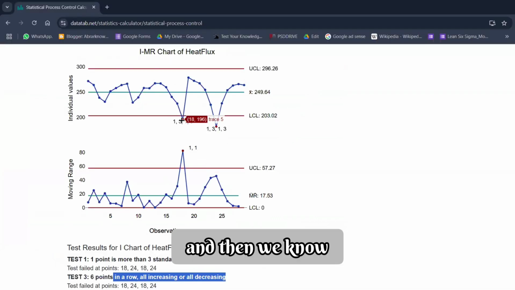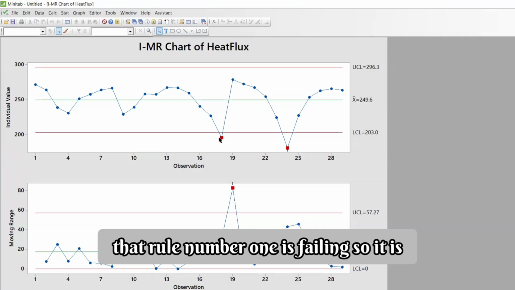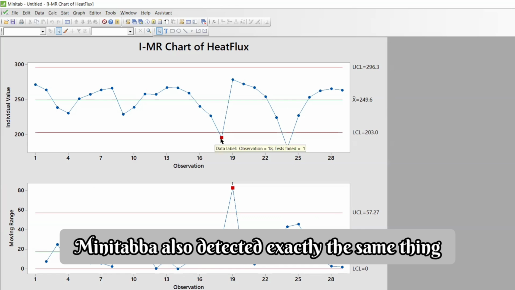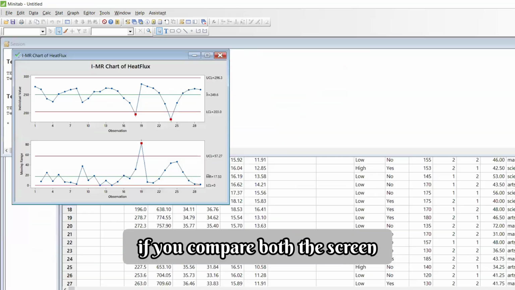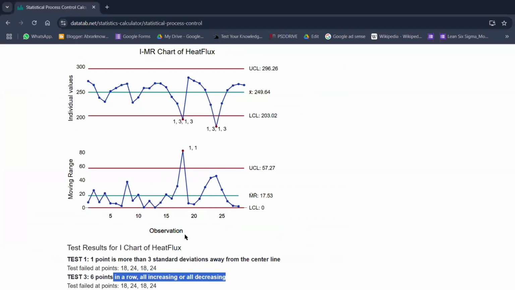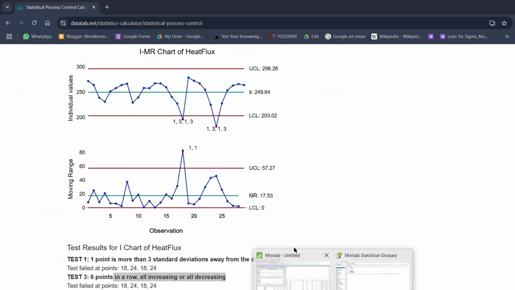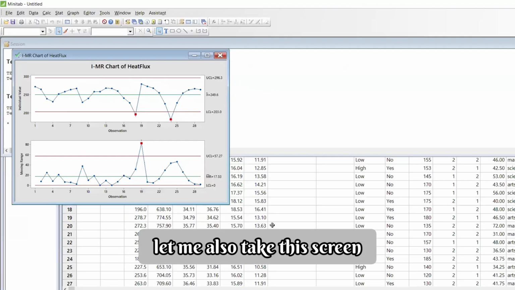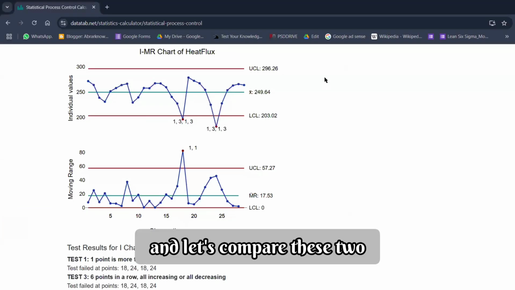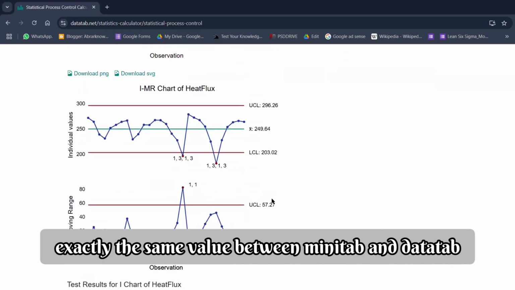And we know that rule number 1 is failing, so Minitab also detected exactly the same thing. If you compare both screens, you will get the same values. Let me also take this screen and compare these two. Exactly the same values between Minitab and DATAtab.